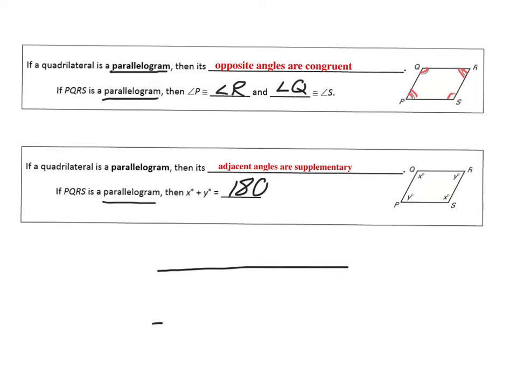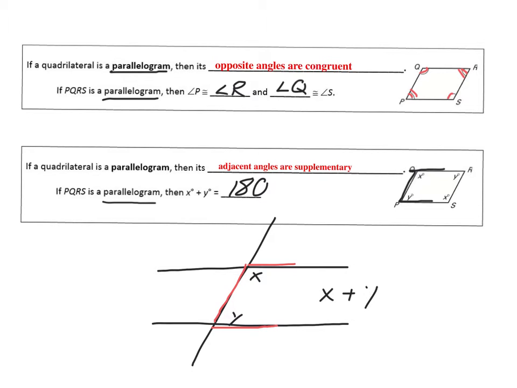Let's say I have my parallel lines here and one transversal, so I'm essentially redrawing this piece of the parallelogram. X is here, y is here. This angle pair that I've drawn out are actually consecutive interior angles. And we know from before, based on my properties of parallel angle pairs, that those two angles have to add up to 180.